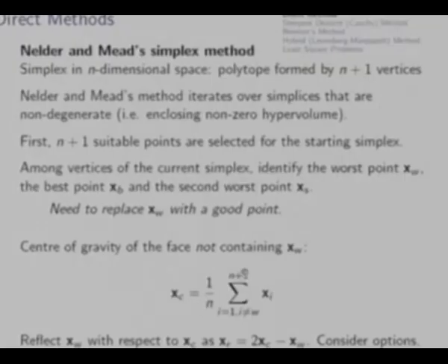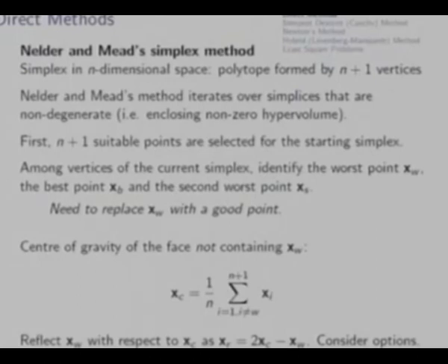Out of the n plus 1 vertices, n vertices are included here, that is excepting the worst point. So, therefore, divide by n. So, this xc is the center of gravity of that face which does not contain the worst point.